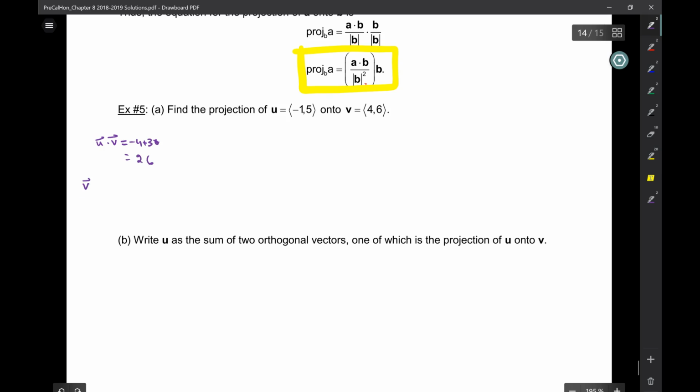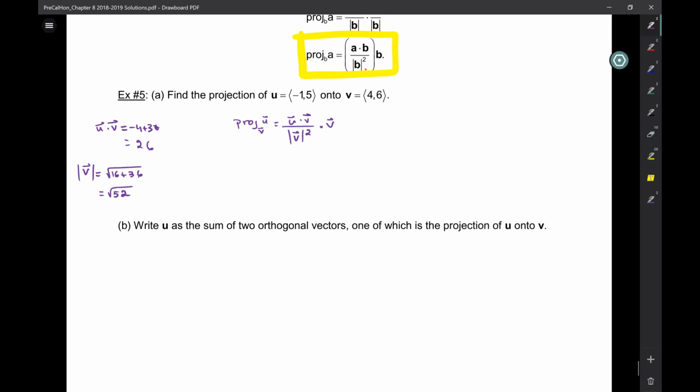I need magnitude of V, which is 16 plus 36, root 52. So now I need the projection of U onto V. This is U dot V over magnitude of V squared times vector V.